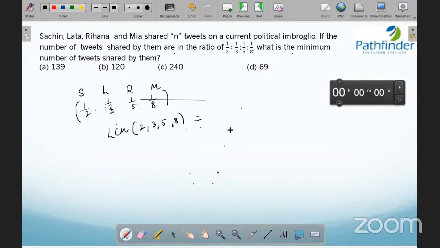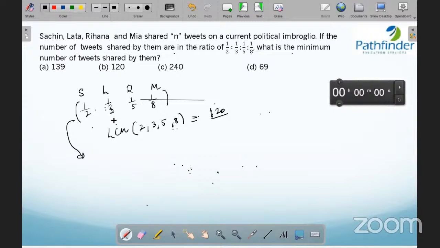So what is the least common multiple of 2, 3, 5, and 8? So 8 fives are 40, 3s are 120. So your minimum number of tweets made by all of them together. No, we have to first of all find the LCM to get this ratio in order, because this ratio is not in correct order as of now.